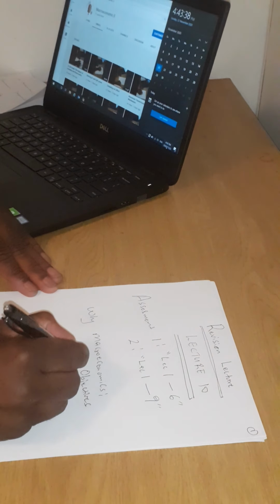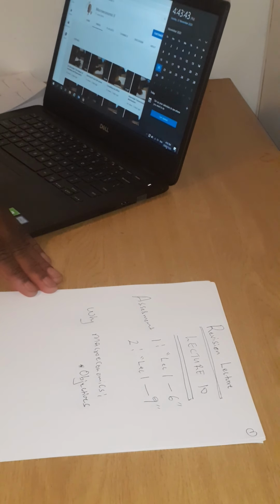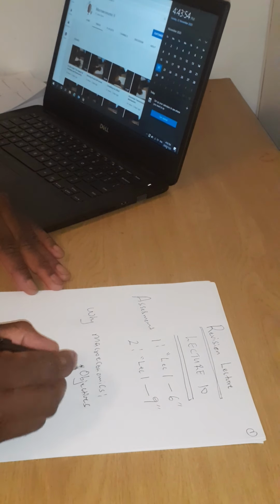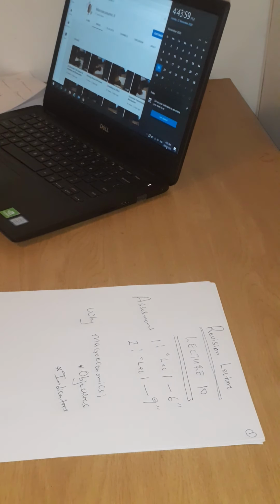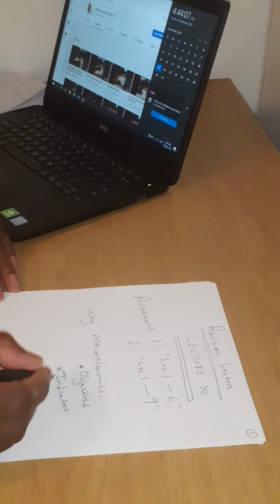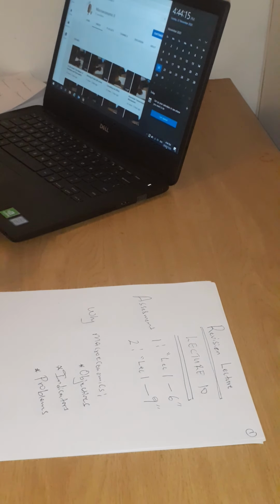And then after looking at objectives, we also said the economists need to have some sort of macroeconomic indicators, some form of statistics that they look at. So we also looked at indicators for each objective. And then we also looked at the problems. They are what I called macroeconomic problems.